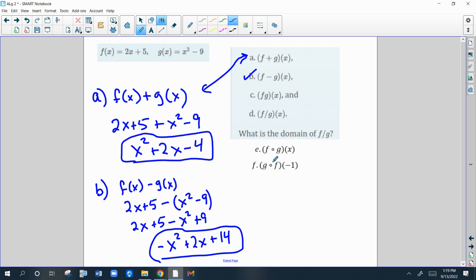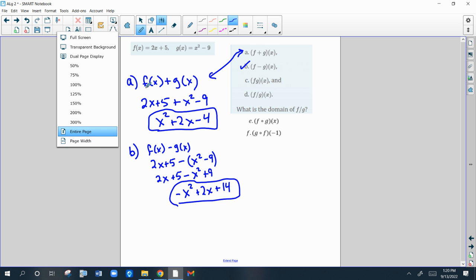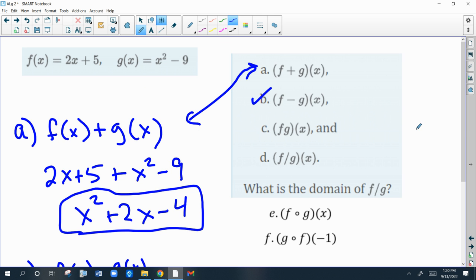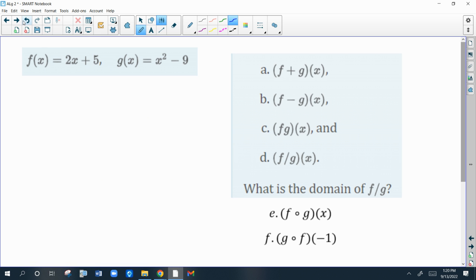C is multiplication. I guess we'll have room to do it right here. So now we're going to do C, which is f times g of x. So f of x times g of x.